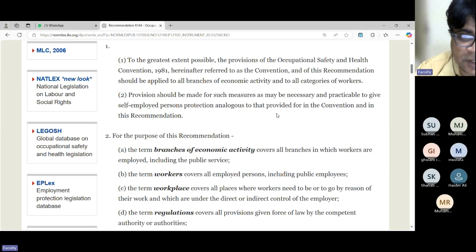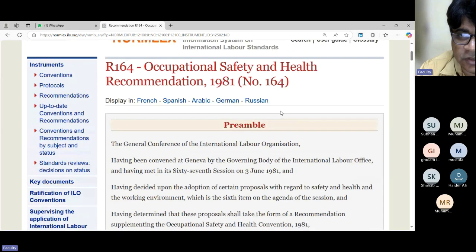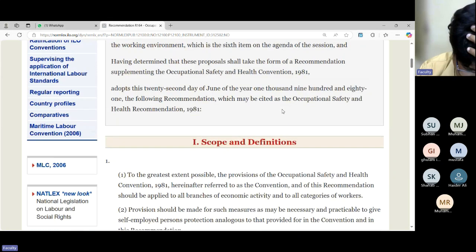This particular R164, you have to refer to it, because anyone across any country, whether I'm in my country or you're in your country, can always invoke this particular recommendation or convention, because ILO is international. You cannot take somebody's country laws into your country.